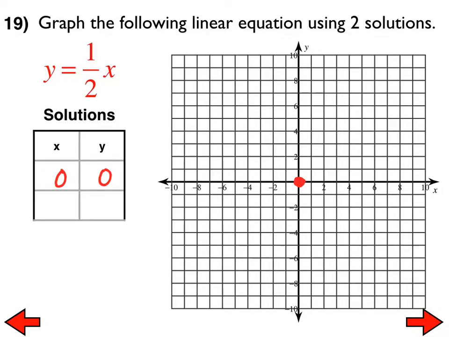And then you could, if you want to use the slope, m is 1/2, so that means a rise of 1 and a run of 2. So that would take us right there. We could also think of it as -1 over -2. If you did that, that would be a rise of -1 and a run of -2, which would take you right there. But (2, 1) is probably easier.